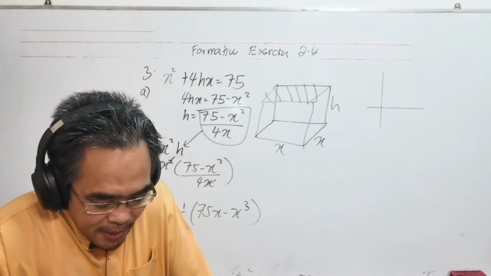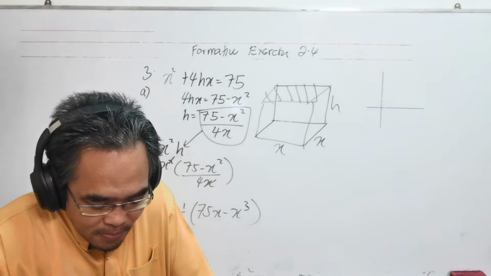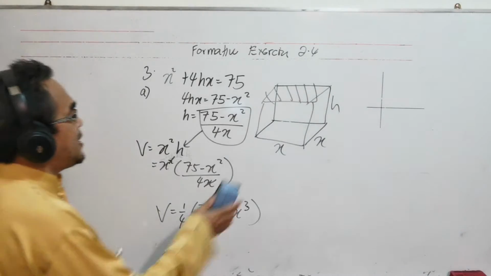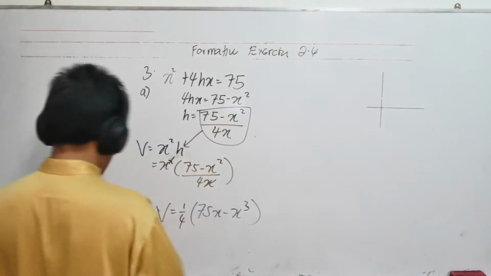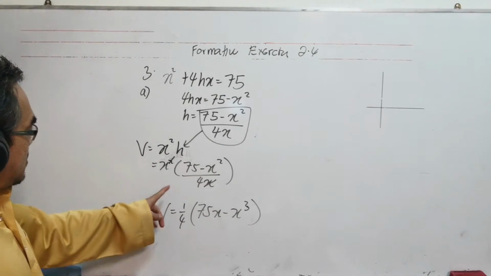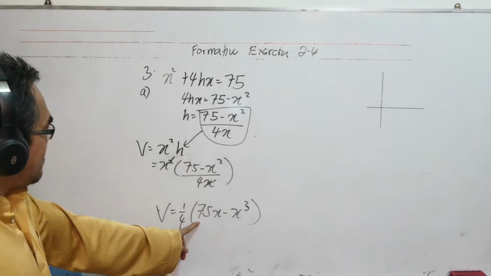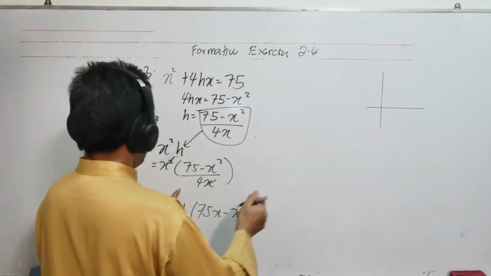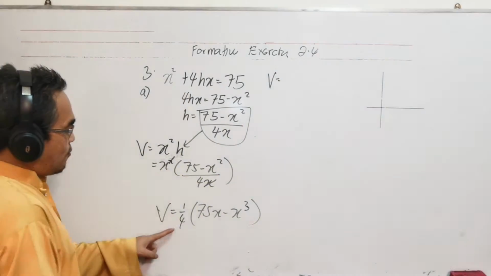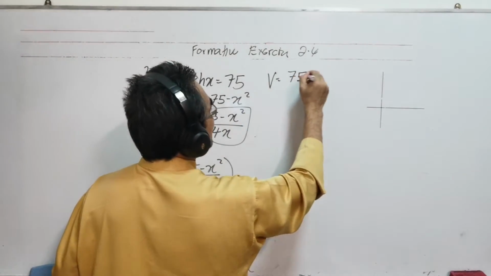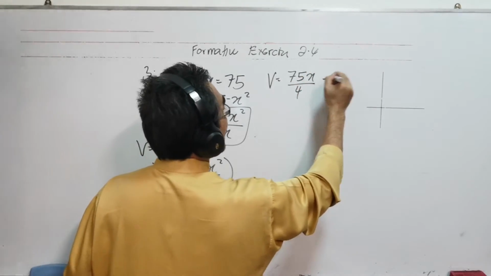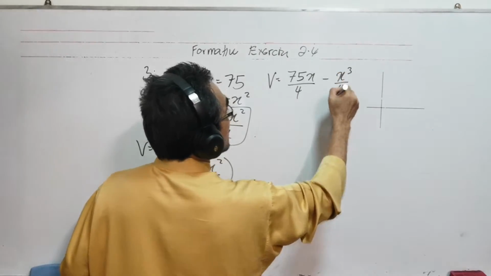Okay, so B: find the value of x that the volume is maximum. I will multiply again. V is 1/4 times 75, so we have 75x over 4 minus x cubed over 4.